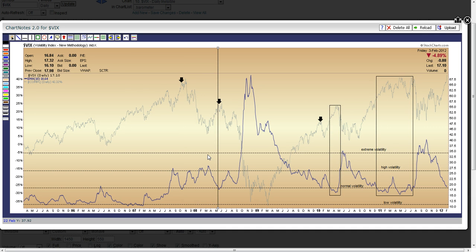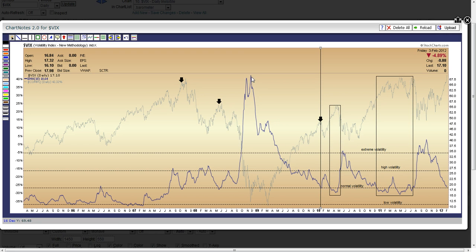This next area here, we were up here again, in an area of high volatility. We sold back down to normal, and that was pretty good for a market top. We sold down, rallied back up, made a double top, and then proceeded to sell off, and that was the '08 meltdown essentially.